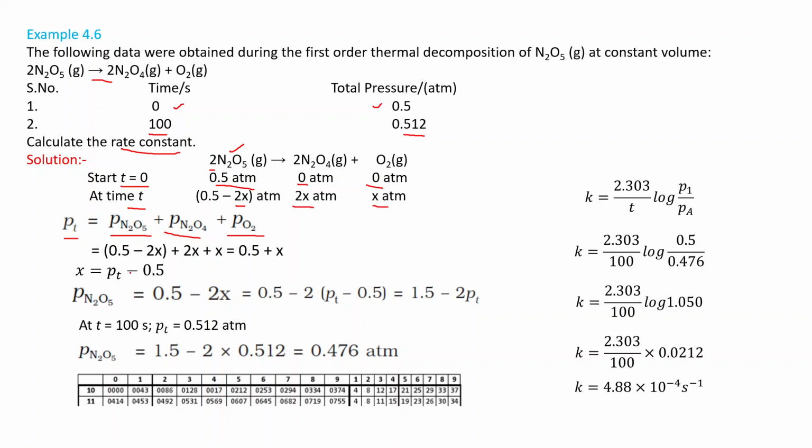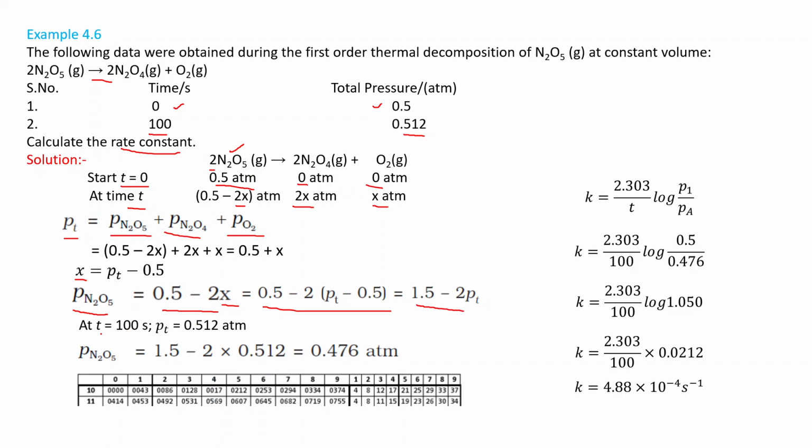Put the value, and from this we can find out x. And the pressure of N2O5 after time t is 0.5 minus 2x. Put the value of x, and then we will get this one if you solve it.